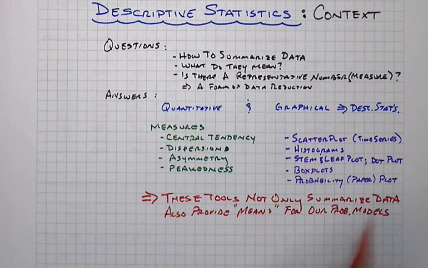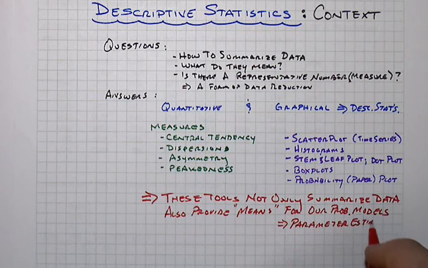In particular, what they're going to do is enable us to make parameter estimations. And that's true whether we are interested in trying to predict the future or whether we're just trying to simply analyze the data set that we have.